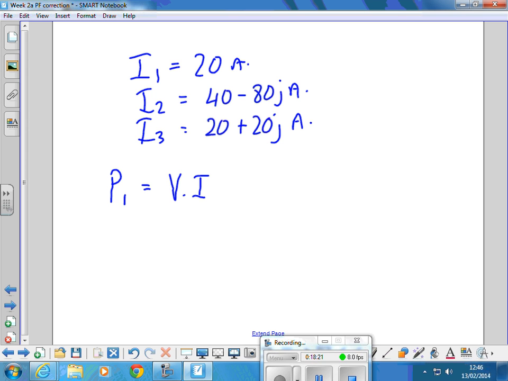V times I1, so that would be 1200, so the voltage, times I1, 24,000 watts.